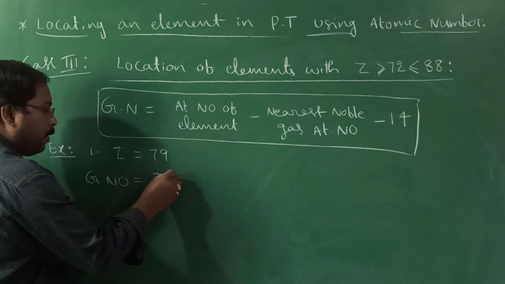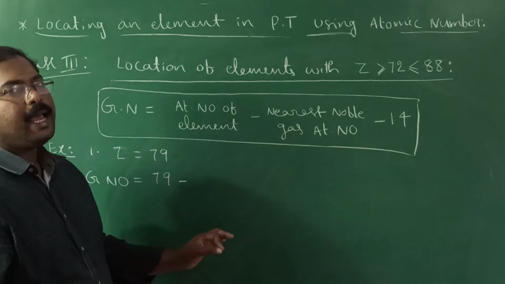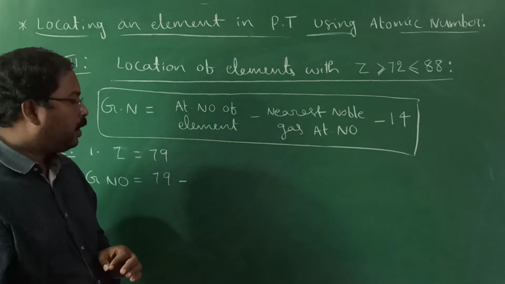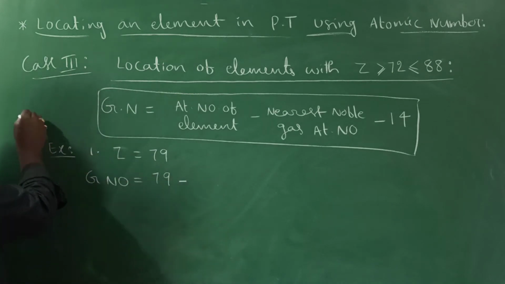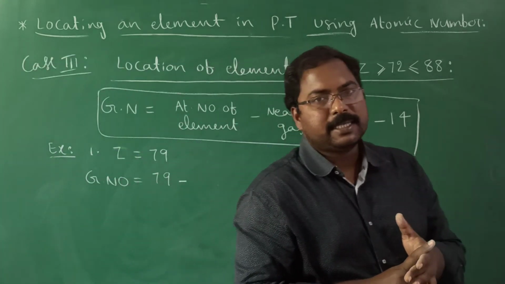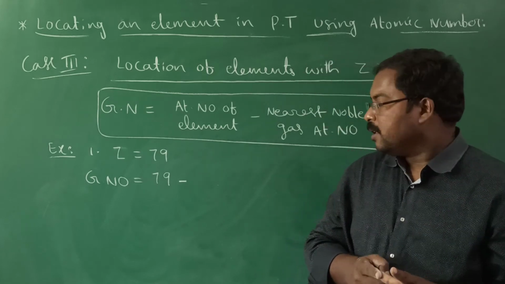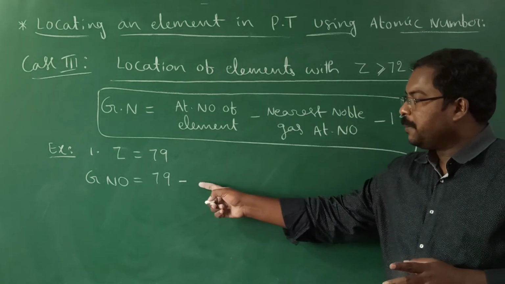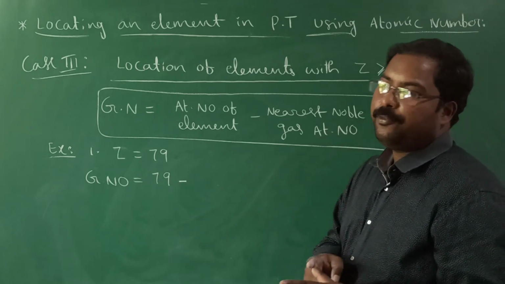The atomic number of this element minus the nearest noble gas atomic number. So 79 minus the nearest noble gas. The noble gas atomic numbers are 2, 10, 18, 36, 54 and 86. So 86 is a bigger number than 79, so we have to take 54.